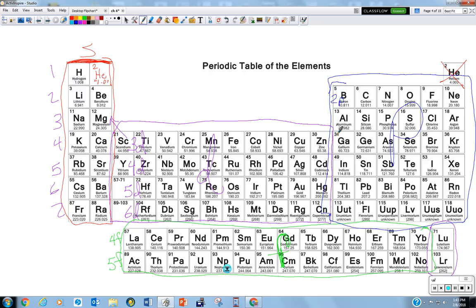This is 2P, this is 3P, this is 4P, 5P, 6P, and 7P. This would be 1S, 2S, 3S, 4S, 5S, 6S, and 7S.